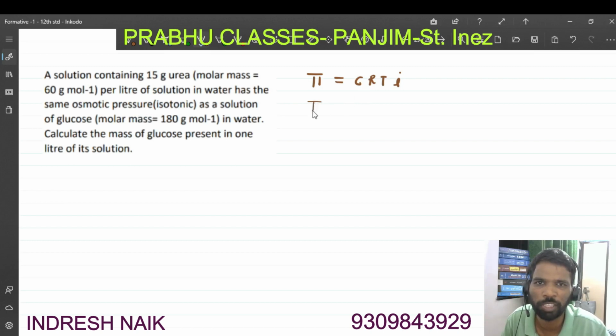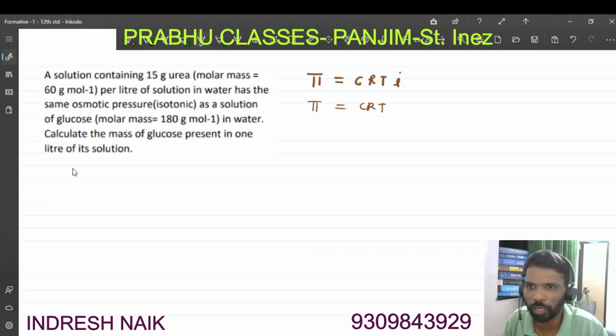So the formula will change to pi equal to CRT because i is 1. Now, they are saying that a solution containing 15 gram of urea per liter of solution in water has the same osmotic pressure as glucose in water. Calculate the mass of glucose present in 1 liter of its solution.